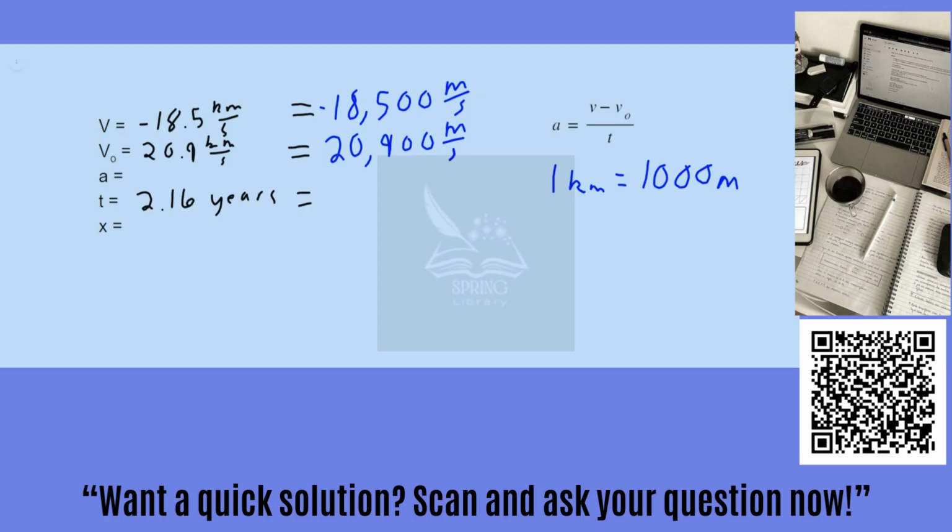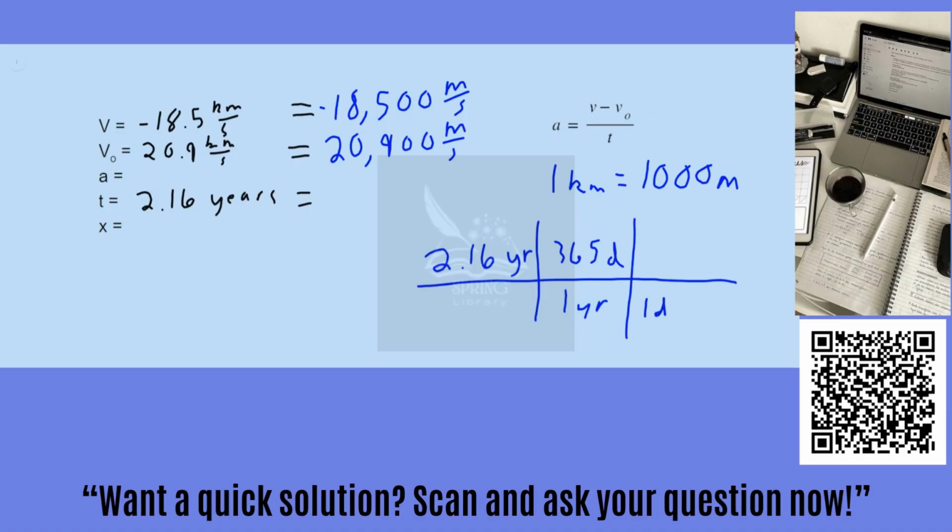Now to convert this, we're going to have to break it up into some different pieces. 2.16 years. We want to multiply years by the number of days in a year. So 1 year is 365 days. Then the number of hours in a day. So 1 day is 24 hours.